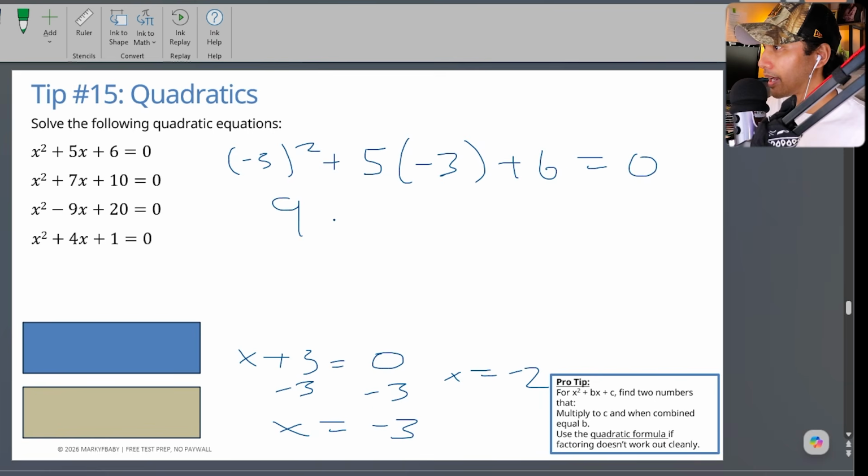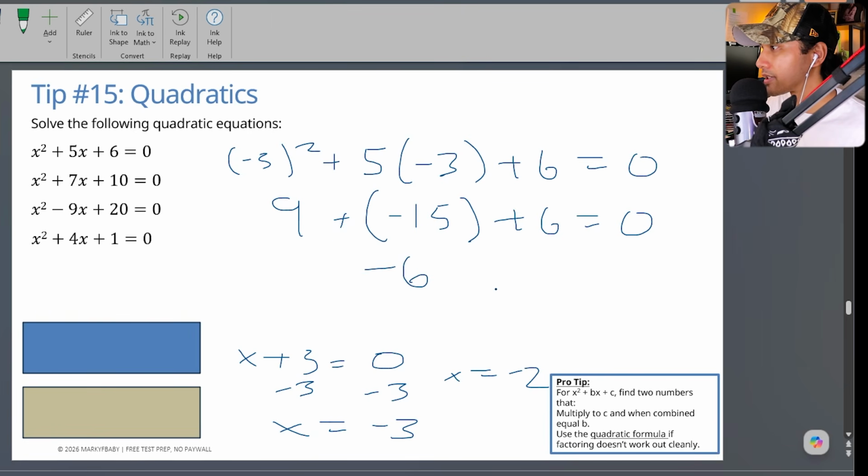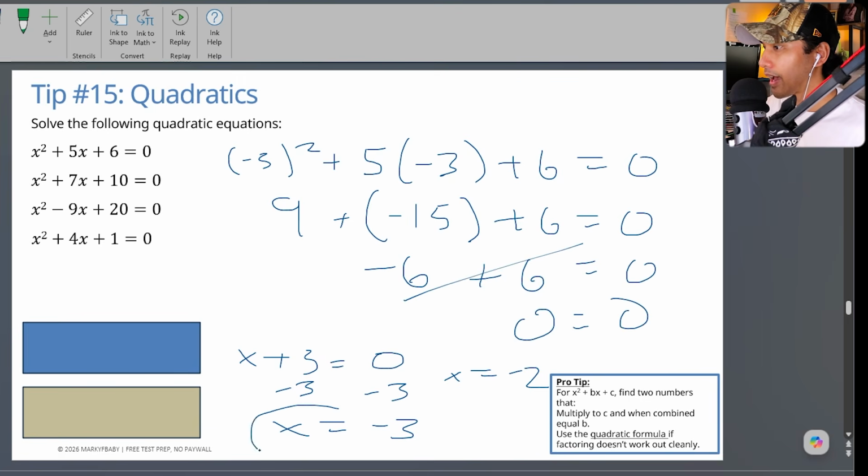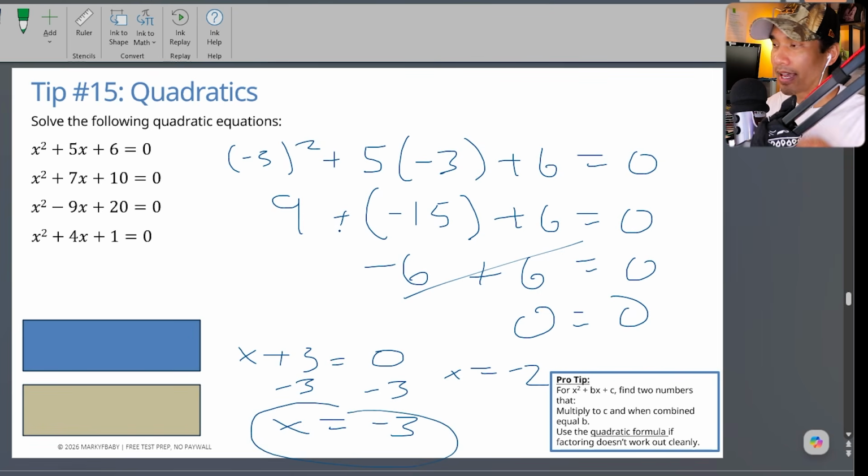Then we get 9 plus negative 15 plus 6 equals 0, okay? And then we get 9 plus negative 15, which is negative 6, plus 6 equals 0. Cross that out. 0 equals 0. And yes, x equals negative 3 is a solution.